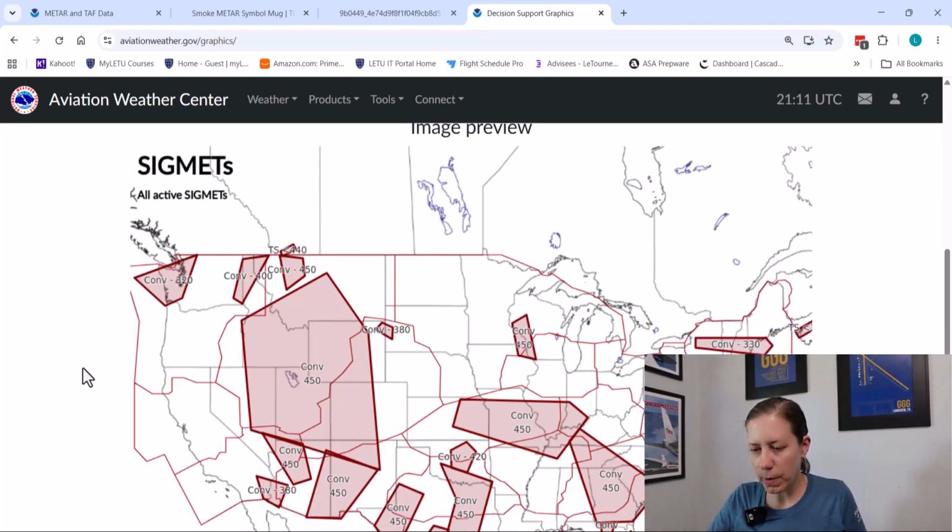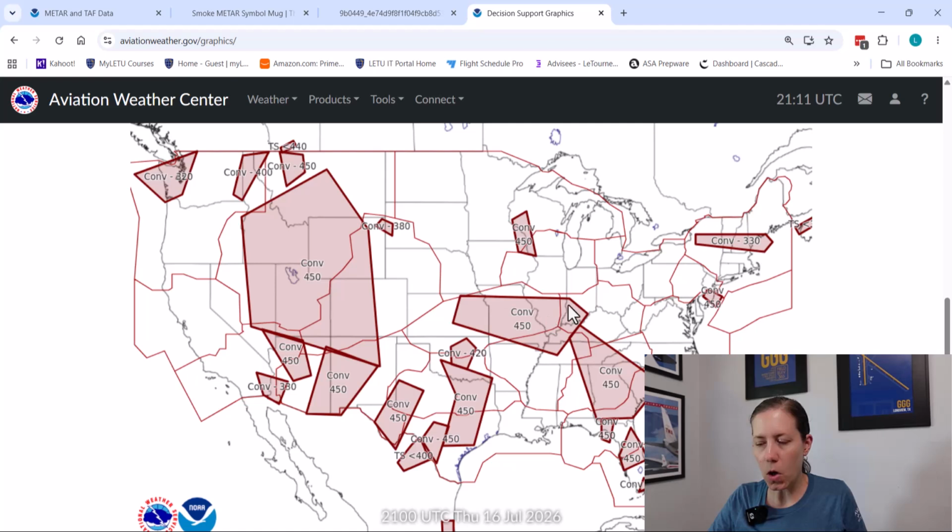All the SIGMETs on here today are convective SIGMETs, and I can tell that because it says conv in front of it, meaning they all have to do with thunderstorm activity. They are issued for embedded thunderstorms, for large areas of thunderstorms, for thunderstorms that are in lines with a strong amount of coverage. And they are also issued for areas of severe thunderstorms.